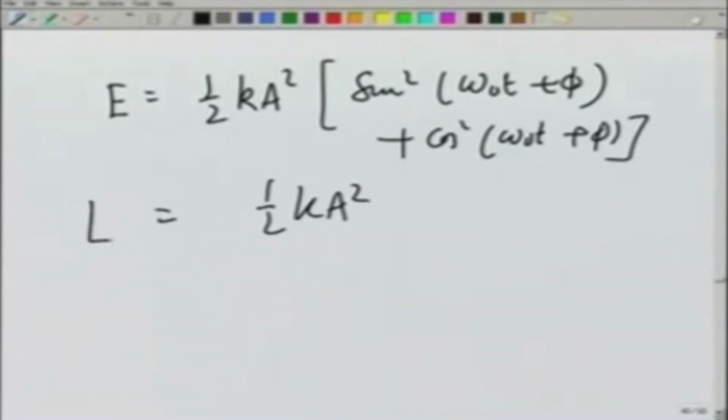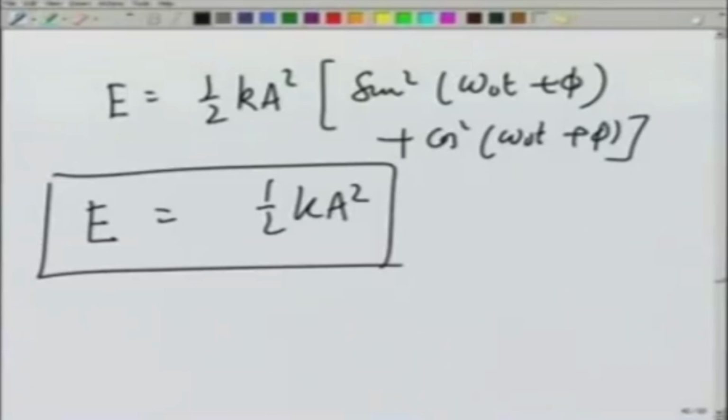So the total energy of the system at any given time is going to be equal to 1/2 k a square, which is sensible. If I displace the mass to its maximum displacement, then the velocity is 0, and therefore all the energy is potential energy, which is equal to 1/2 k a square. Let us see it graphically.